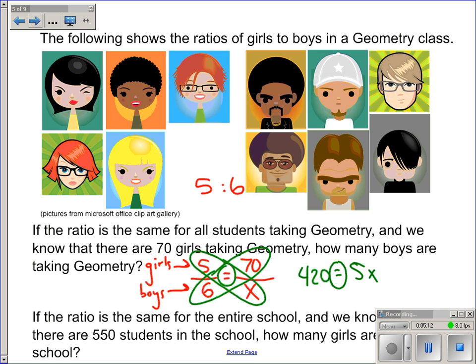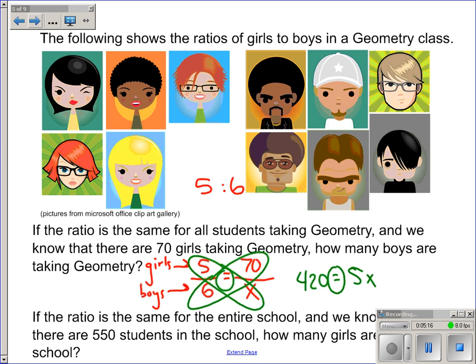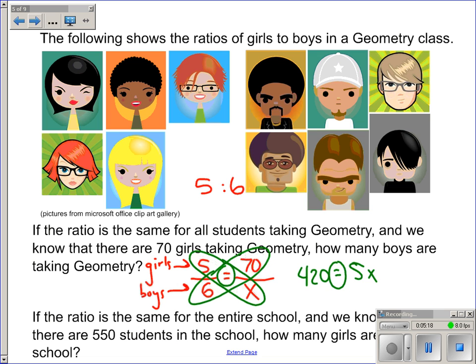Sometimes students miss that equal sign. To solve this, I will divide both sides by 5, and x is equal to 84. So there are 84 boys taking geometry. I hope that makes sense.